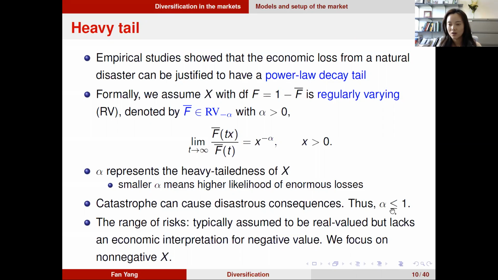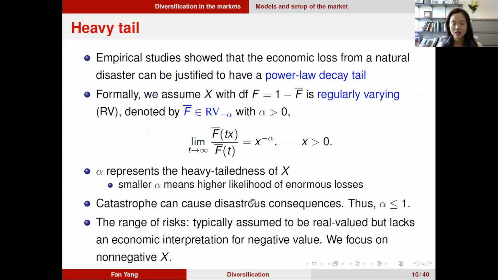So here we also restrict alpha to be less than 1. And this condition is not just practical, since catastrophes have large losses. You will also see this appear as a technical requirement. It's necessary to have such a condition, as you will see in a few minutes.